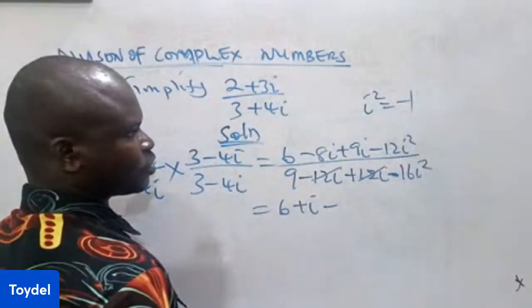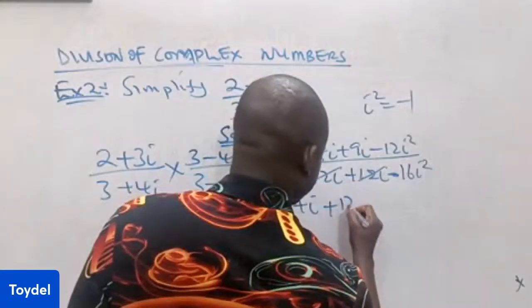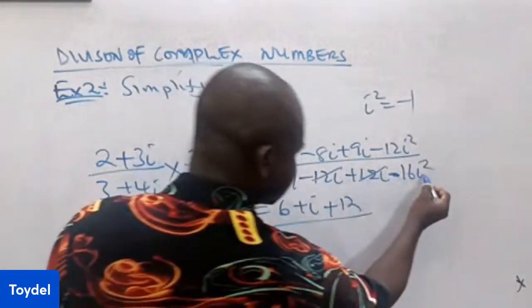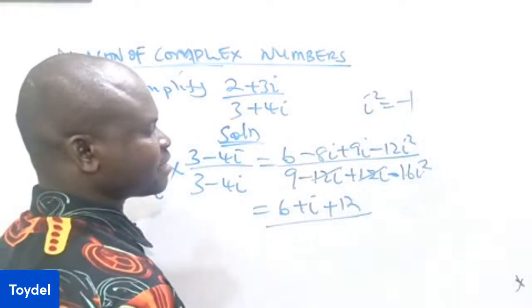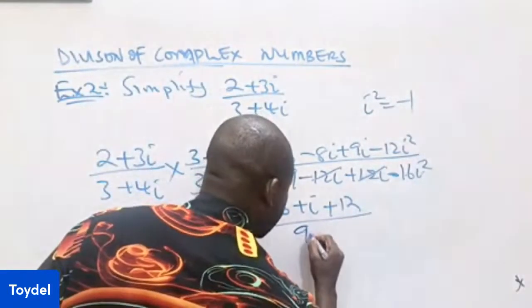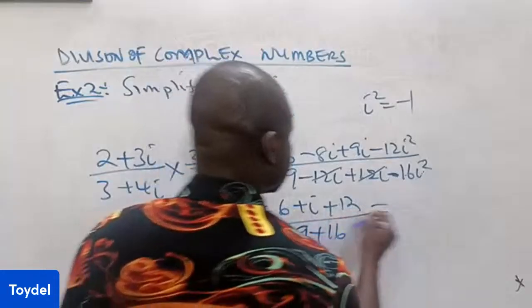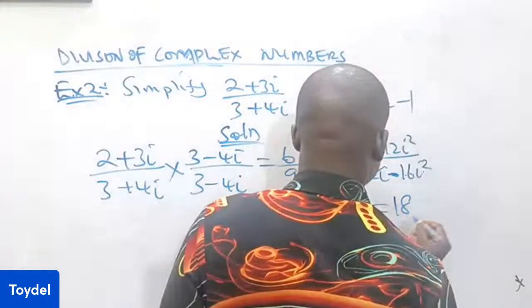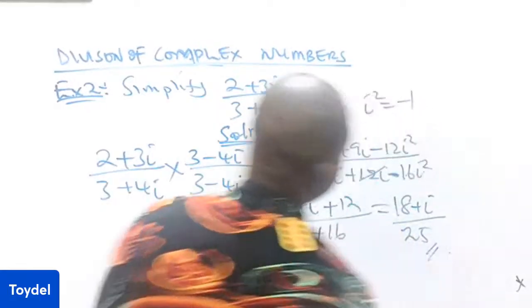I squared is equal to minus 1. So minus 1 times minus 12, that's plus 12. All over, i squared is equal to minus 1, so minus 16 times minus 1, that's plus. So we have 9 plus 16. So at the end of the day, 6 plus 12 is 18, plus i, all over 25. That's what we are going to get.